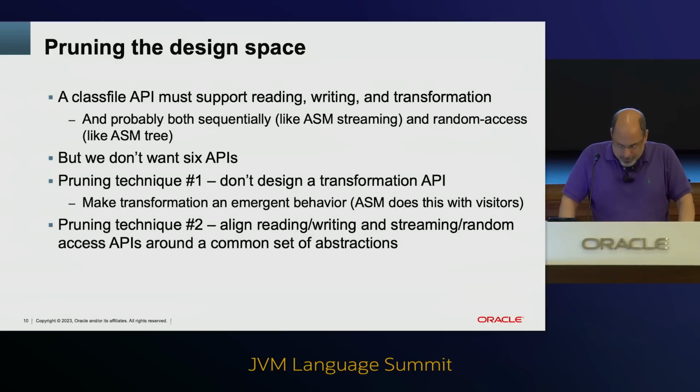But the most important thing that we did was making sure that we aligned the reading and writing APIs and the sequential and random access APIs to use a common vocabulary to talk about the domain. And this is one of the things that I don't love about ASM. ASM has a good streaming API and a decent tree API, but you can't use them together because they're completely different APIs. So I knew that I didn't want that, having experienced it and not enjoyed it.